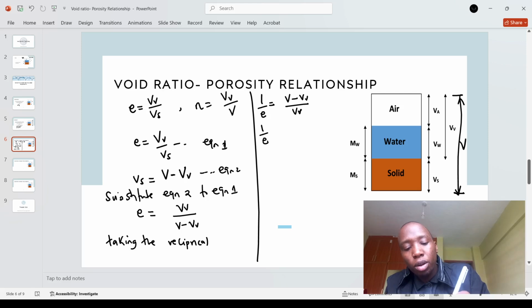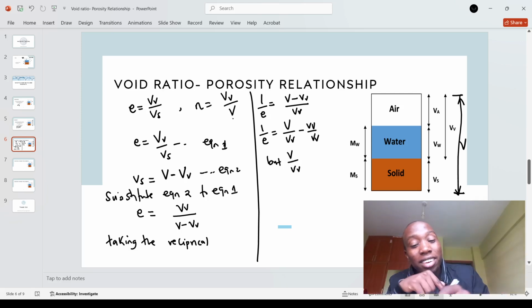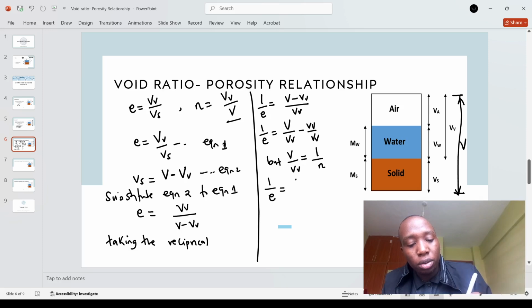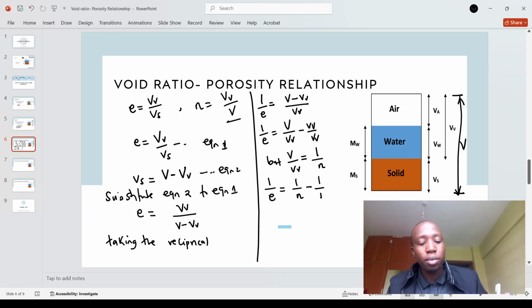So 1 over e is equal to V over Vv less Vv over Vv. But V over Vv is the reciprocal of porosity. So we'll say 1 over e is equal to 1 over n less 1 over 1.